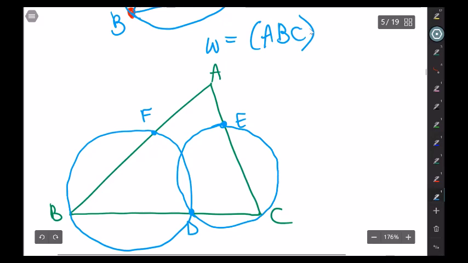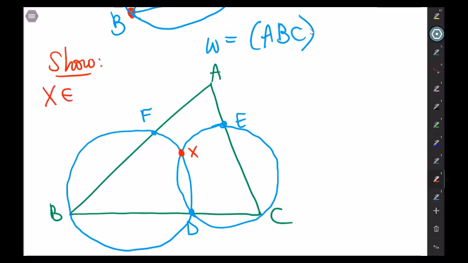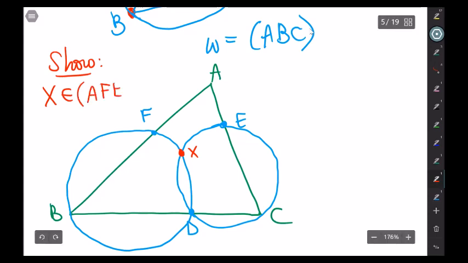The claim is that if I label this point as X here, what's the claim we want to prove? Show X is contained where? Yes, show X is contained on circle AFE. That's what we want to show. I can always draw a circle through AFE, but that circle going through X is no ordinary business.